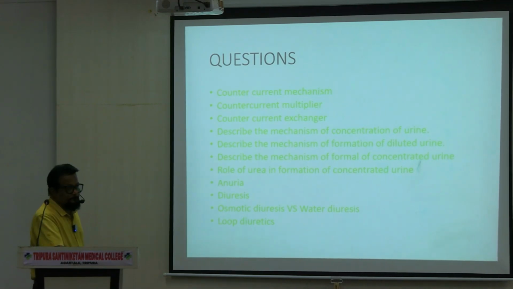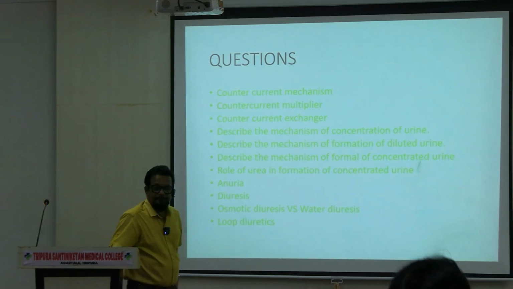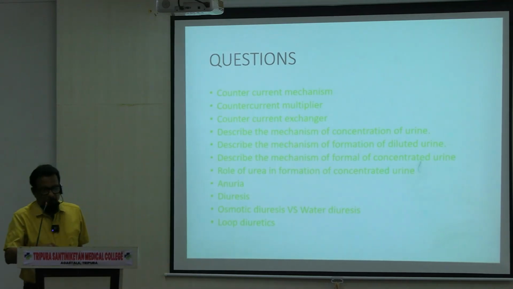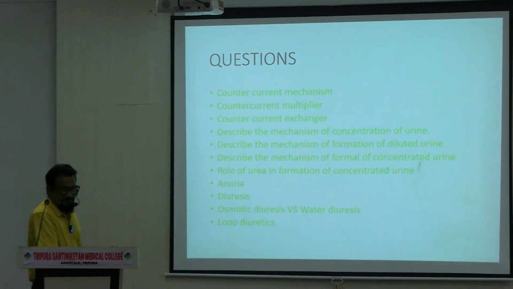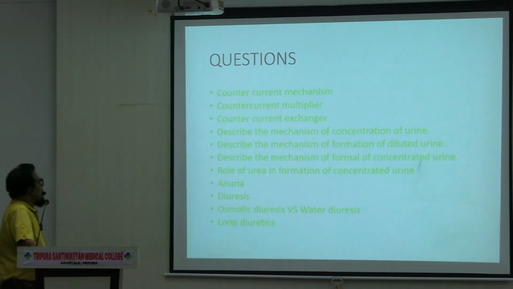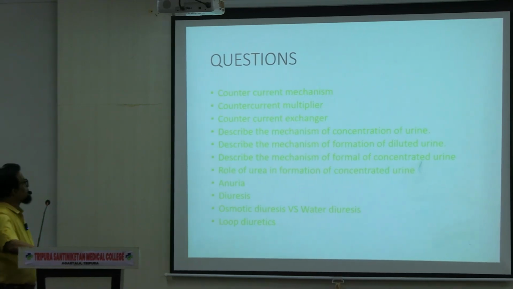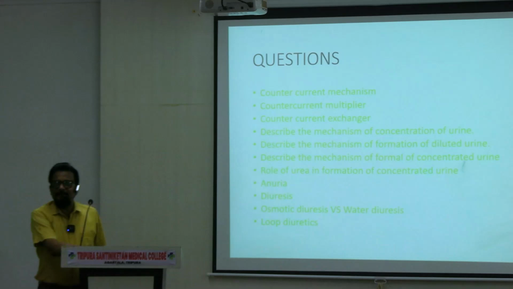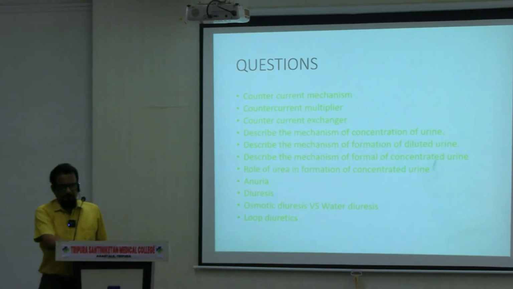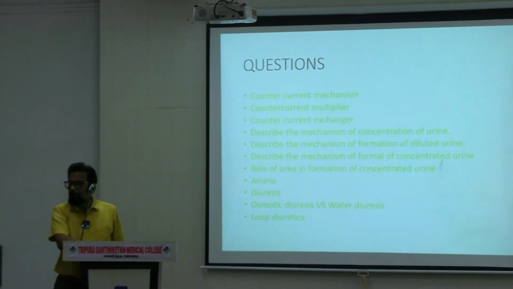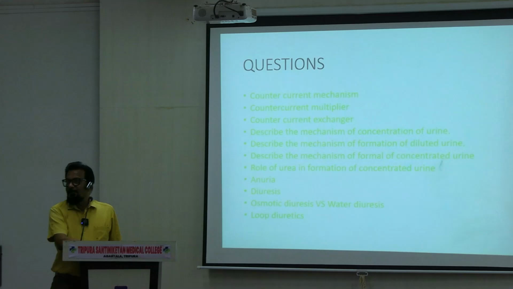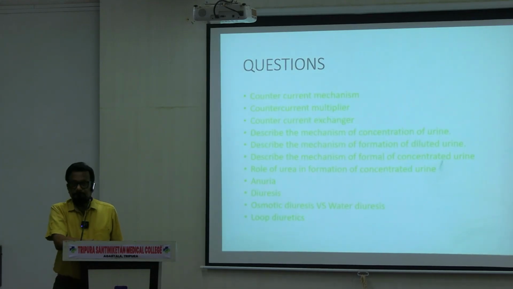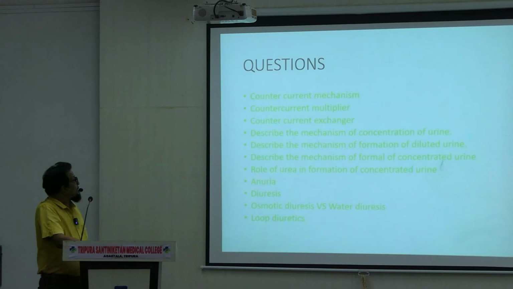So these are the possible questions from today's discussion. What are these? Countercurrent mechanism. It is unlikely this sort of question will come, because the answer will be large and lengthy. Why?